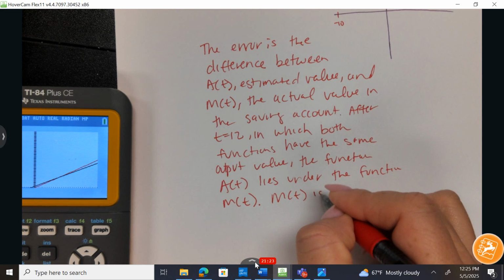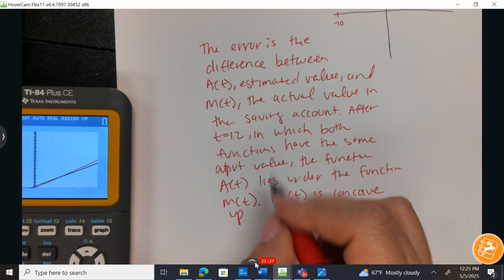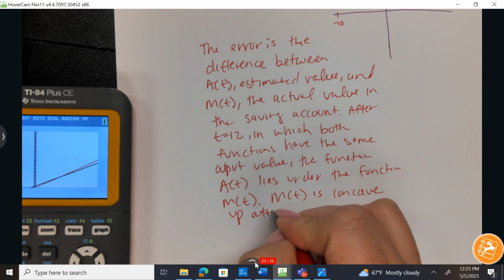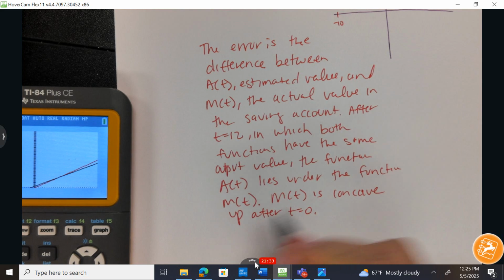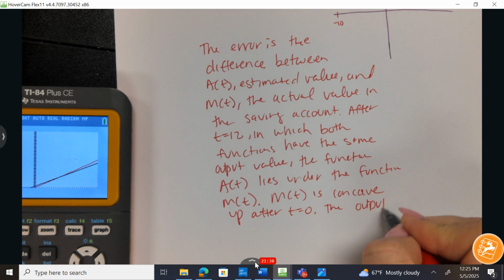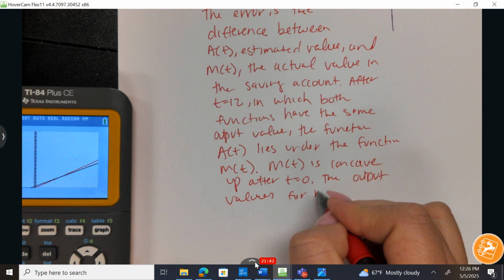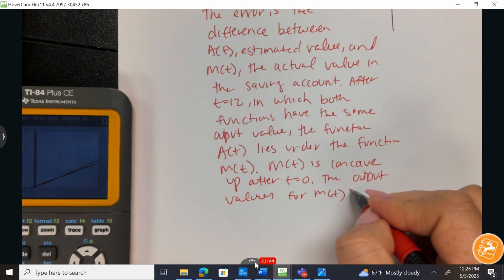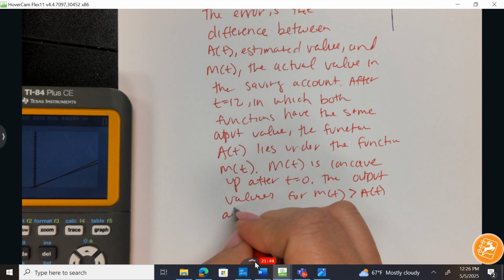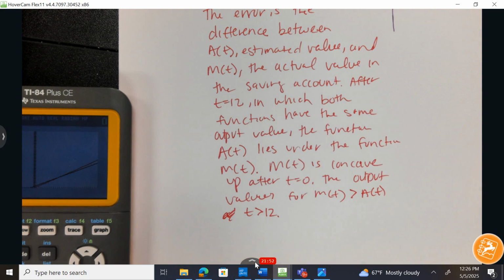M of t is concave up after t equals 0, and the output values for M of t will always be greater than A of t when t is greater than 12.